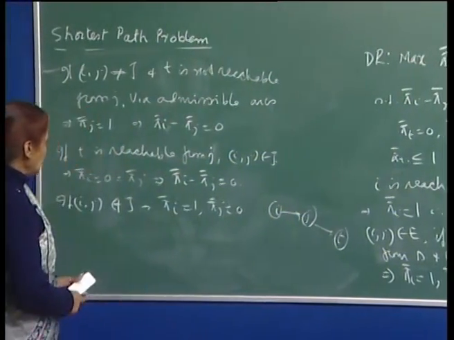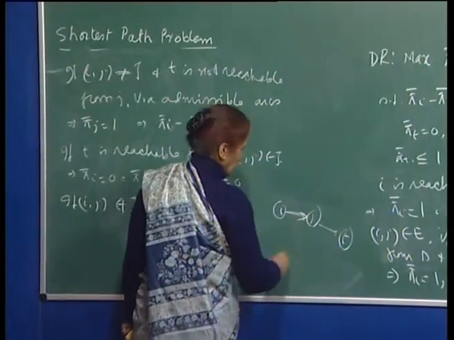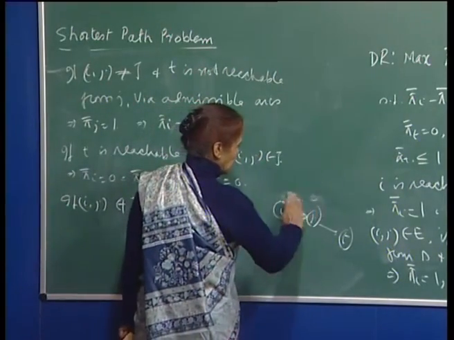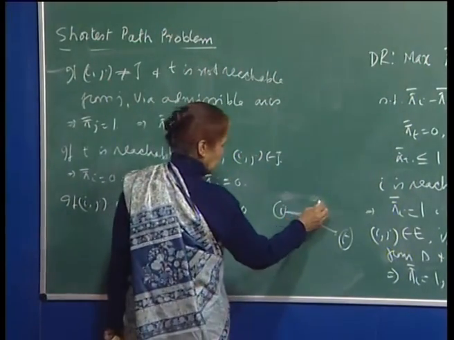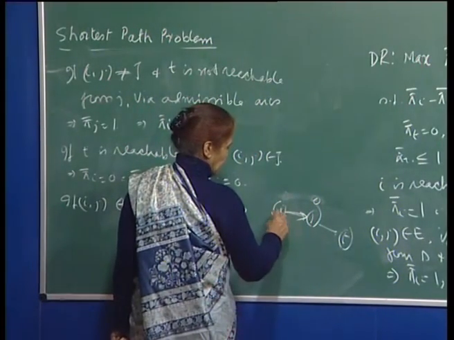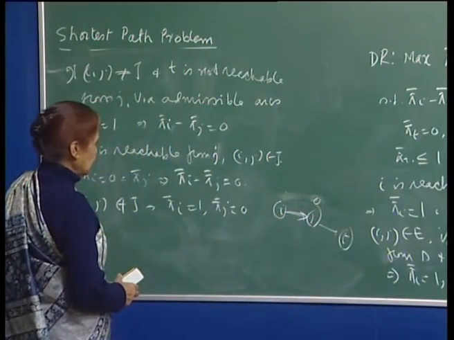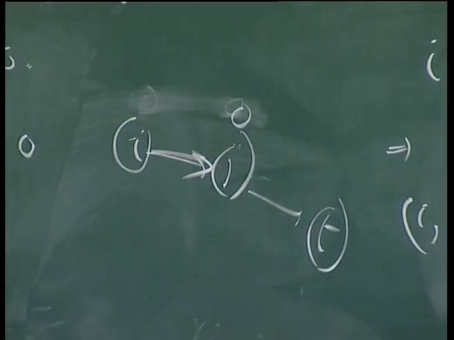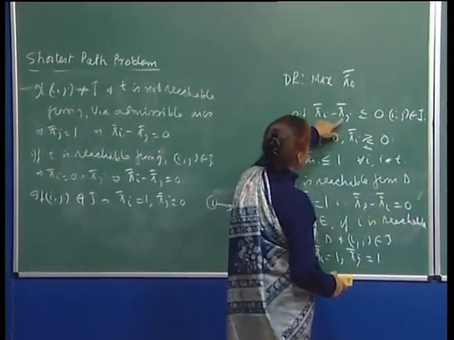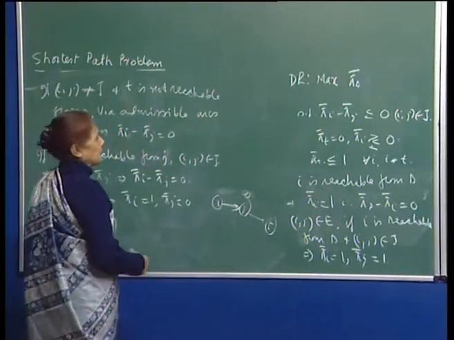We are saying that if this is admissible, then of course both are 0. But if this is not admissible, then I should have pi bar i minus pi bar j less than or equal to 0, which will not be satisfied.